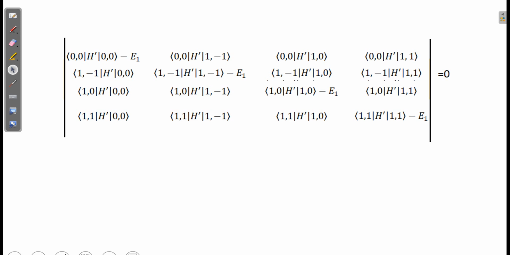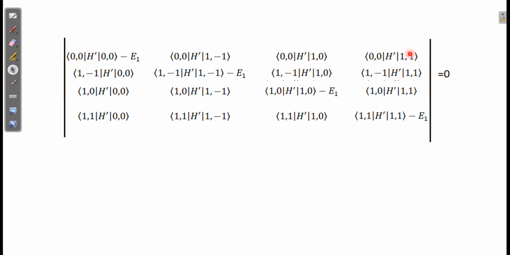The first column 0 0 is fixed and the left side is 0 0, 1 minus 1, 1 0, 1 1. Second column 1 minus 1 is fixed, with 0 0, 1 minus 1, 1 0, 1 1. Third, 1 0 is fixed, with 0 0, 1 minus 1, 1 0, 1 1.